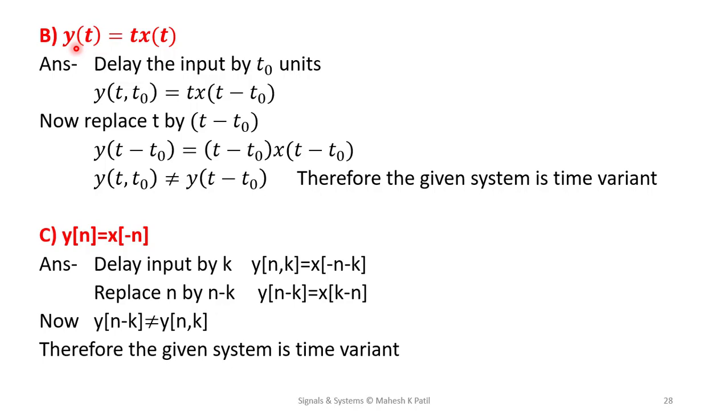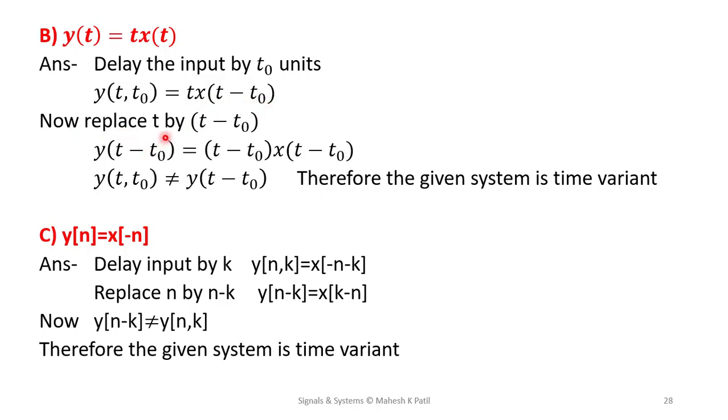Now consider the next equation, y(t) equal to t x(t). Delay this input by t0 units. So the delayed output will be y(t, t0) equal to t x(t minus t0).